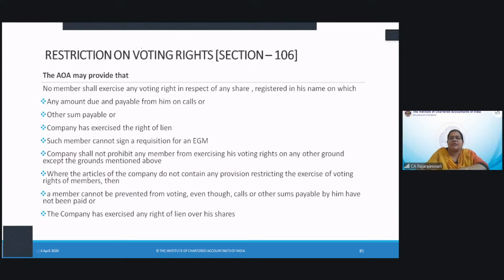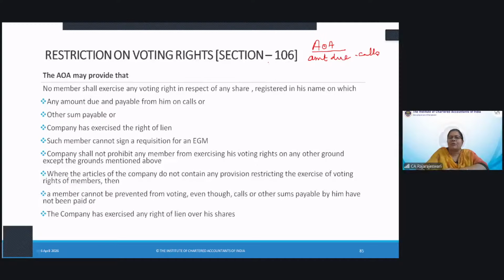So first, we should know what all the restrictions are. When I say restrictions, the articles of association can specify any restrictions if it wants. So the articles may provide a member cannot exercise the voting right if any amount is due from a member in respect of calls, share application money, share allotment, first call, second call.